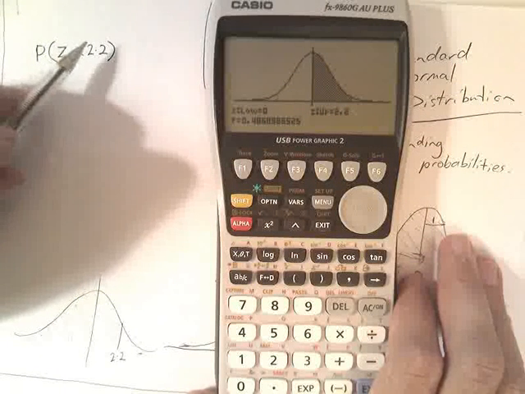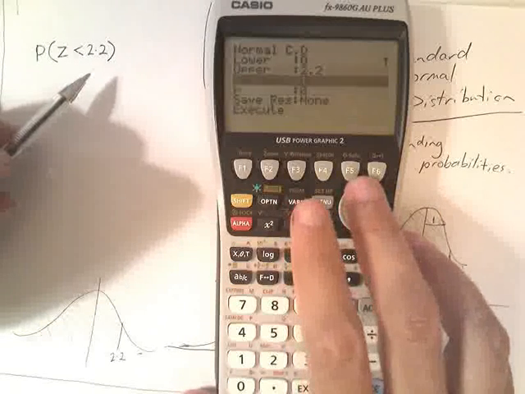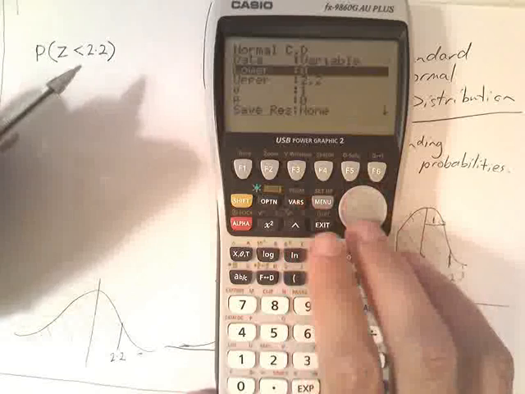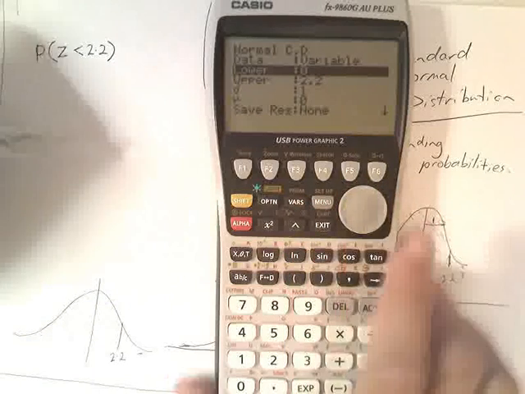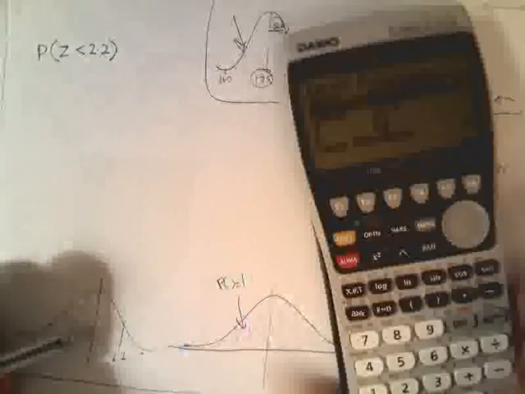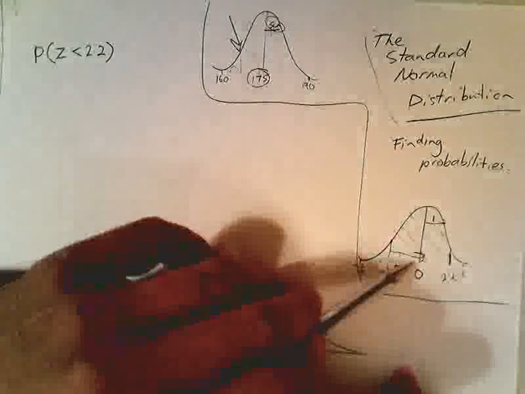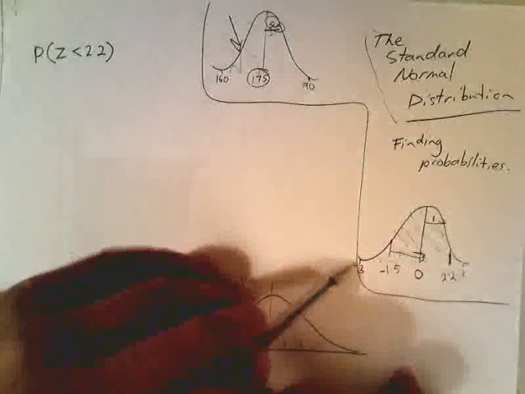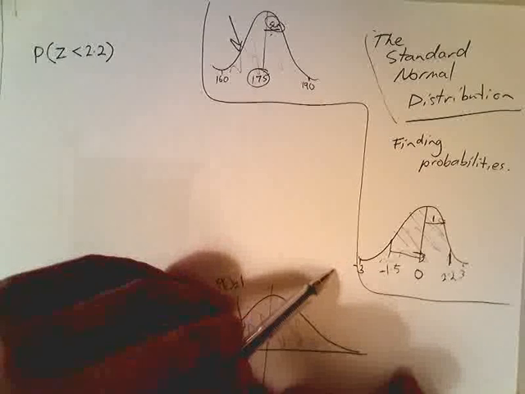Now I've chosen 2.2 here because we wanted to know the probability that Z is less than 2.2. When I said we couldn't come at it directly, what I meant was, if we wanted to, what would we put in as our lower value? Would we put in -3? That would cover almost all the values, but not quite all of them. Would we put in -4? Again, almost all of them, but not quite.